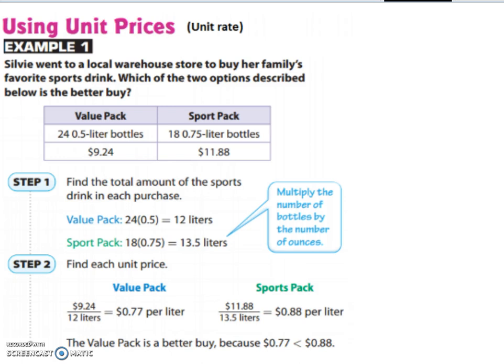On example 1, they're trying to figure out what the better buy is. If you remember, unit price always has the money on top divided by the item.